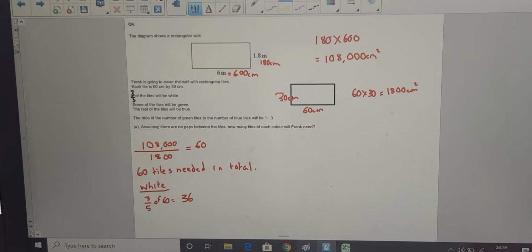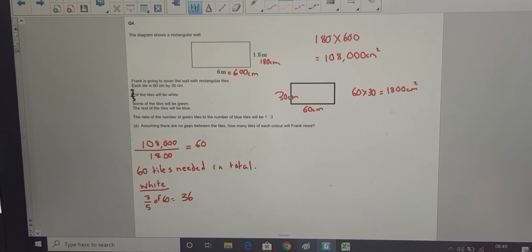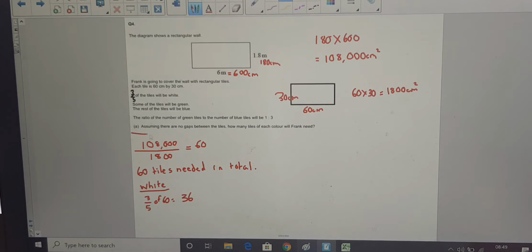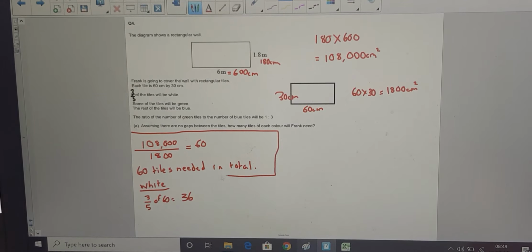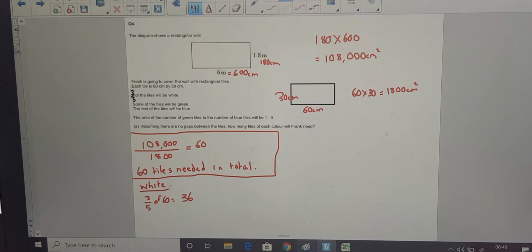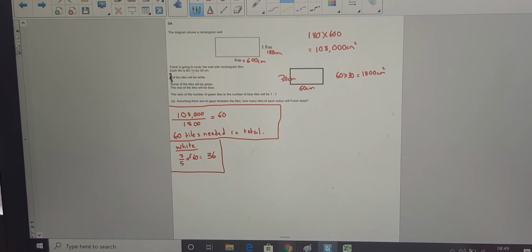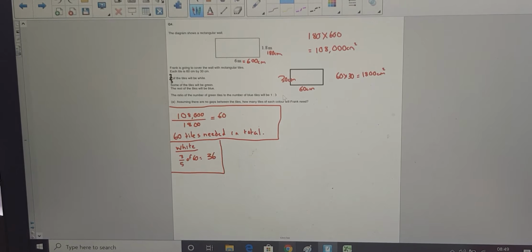Right, so there are 60 tiles needed in total. 36 of them are white. So now I'm thinking the rest of the tiles will be green or blue. The ratio of green tiles to blue tiles will be 1 to 3.